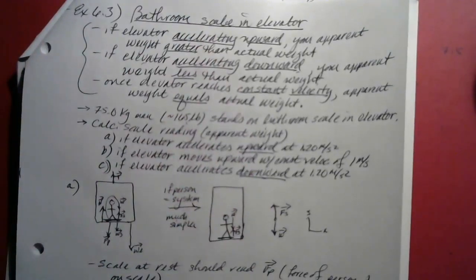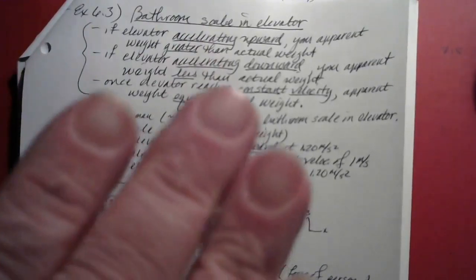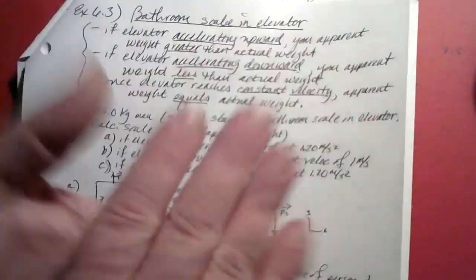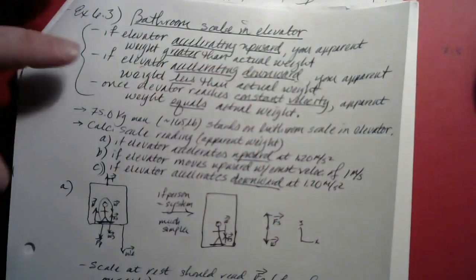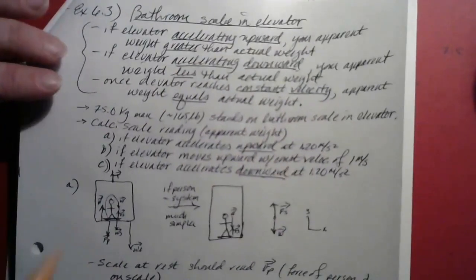And when the elevator starts accelerating downward, it does take your body a split second to catch up with it. The elevator drops away and your body, because of gravity, gets pulled down to match it. But there is that split second where it feels like the floor is dropping away, because it really is.